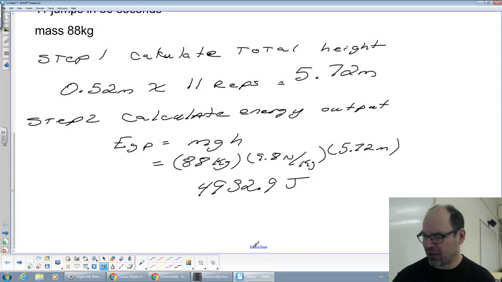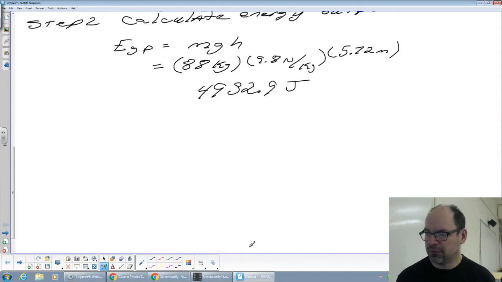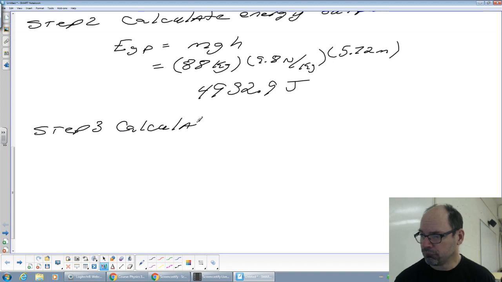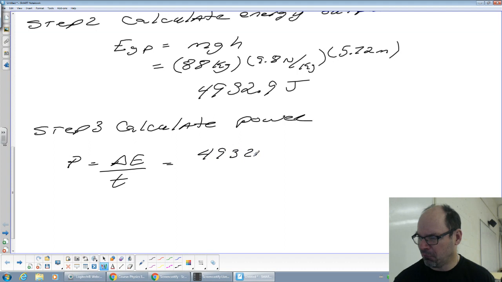And then finally, if we want to get our power, step three is calculate the power. If we remember, power equals change in energy over time. So we produced 4,932.9 joules divided by our 30 seconds.